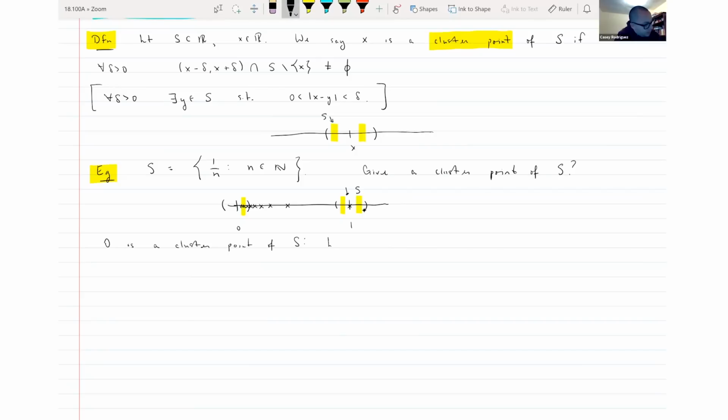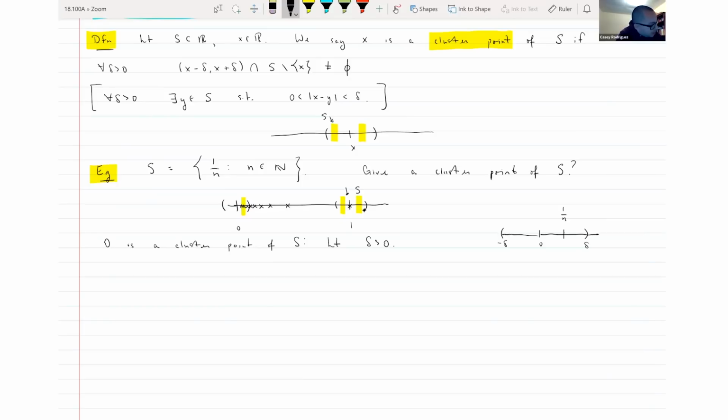So let delta be positive. Here's the picture: here's 0, here's delta, minus delta. We have to show that there's some point of S in here, so we simply choose a natural number n large enough so that 1 over n is there. We can always do this because of the Archimedean property of the real numbers.